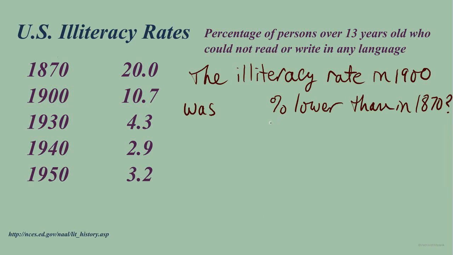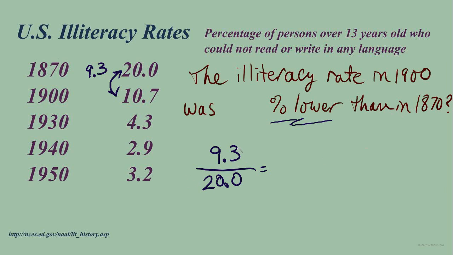And remember the difference when we begin to talk about a percent change, a percent difference, percent higher or lower. This time we need to first figure out the actual amount of the difference. It was a decrease of 9.3 percentage points. And a relative change would mean 9.3 percentage points compared to the rate in 1870, which was 20.